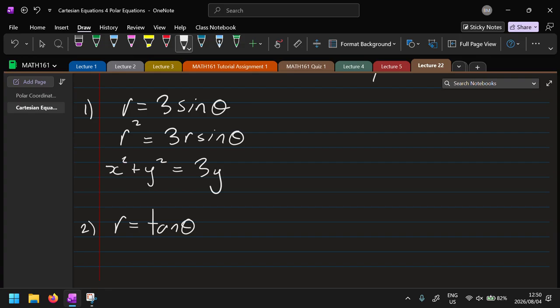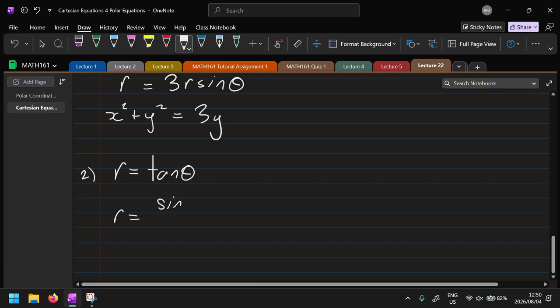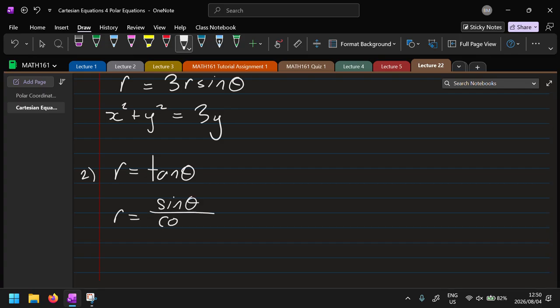But we can rewrite tan as sine over cos. And we know that r sine theta we can write as y, and r cos theta we can write as x. But we see that's missing, right?